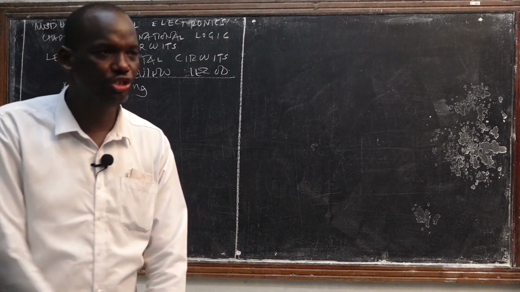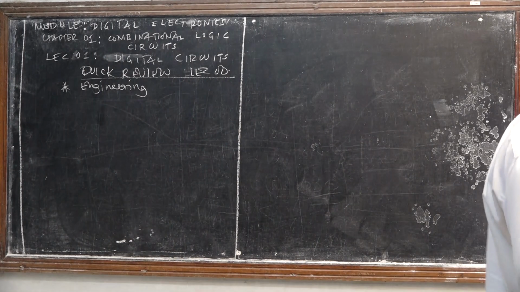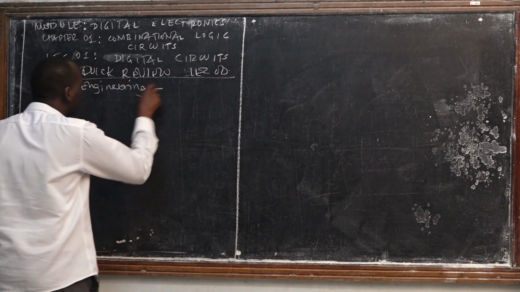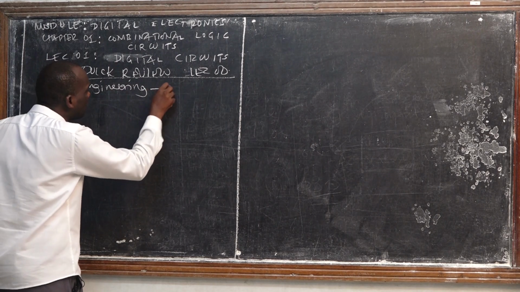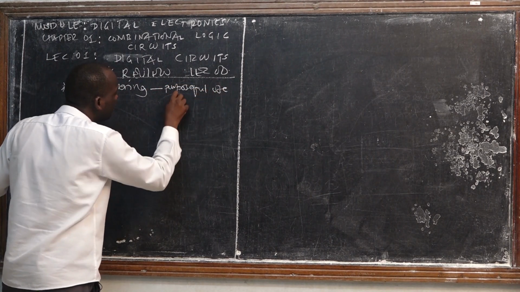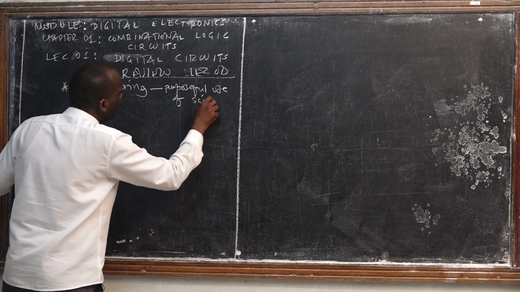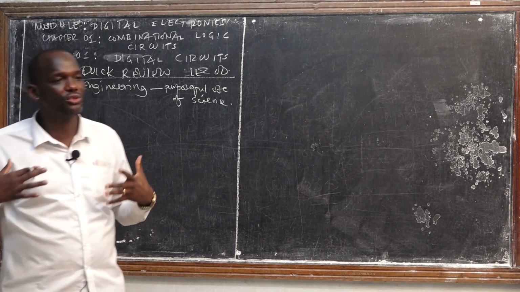Because we are learning mechanical engineering, electronics engineering, and electrical engineering, but what is engineering? I told you that there are different ways to define this word, but the simplest one is that engineering is the purposeful use of science.